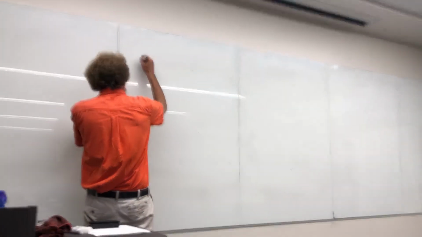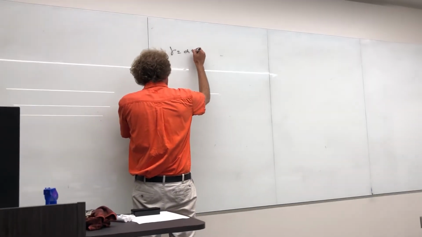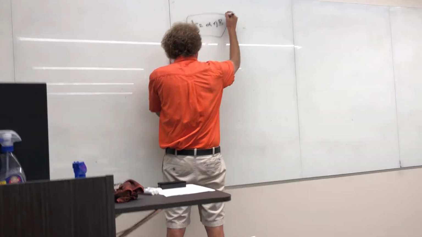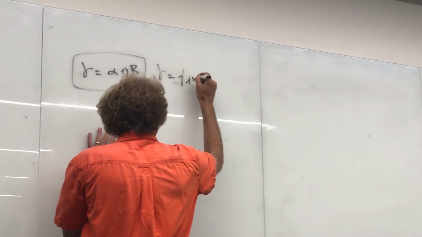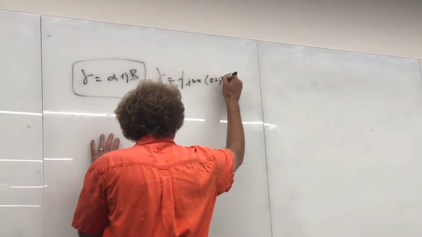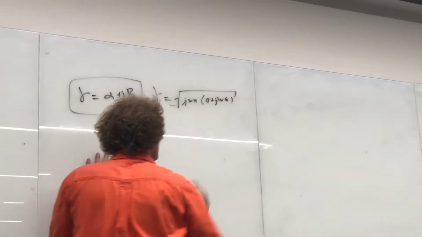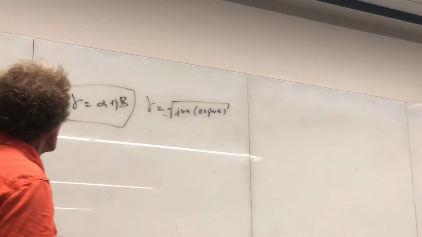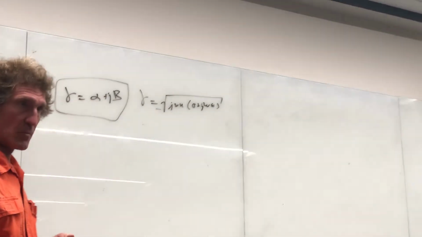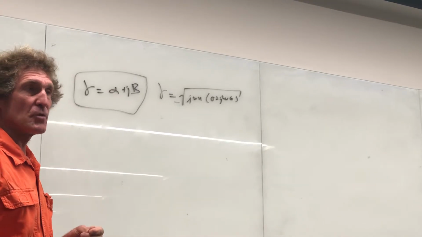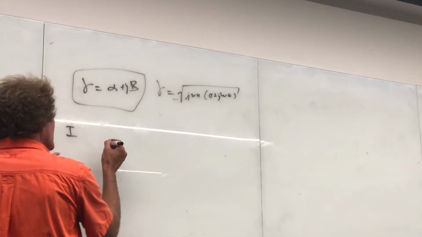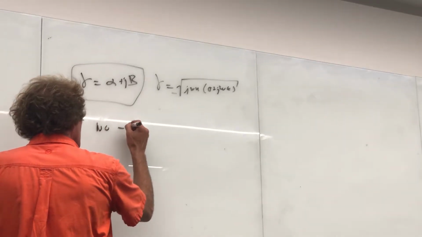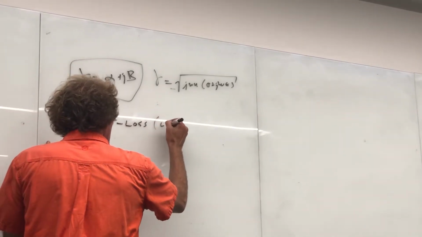We went through the general equation and we said that gamma was equal to alpha plus j beta, right here. And we know that gamma is equal to the square root of j omega mu times sigma plus j omega epsilon. Now that's generally true, right? And that's equal to alpha plus j beta. With me? Now, let's go through some possible cases. Case 1 will be no loss, or a lossless environment.